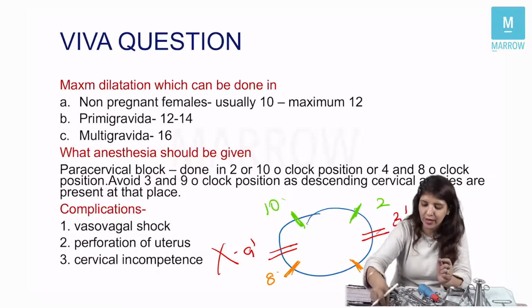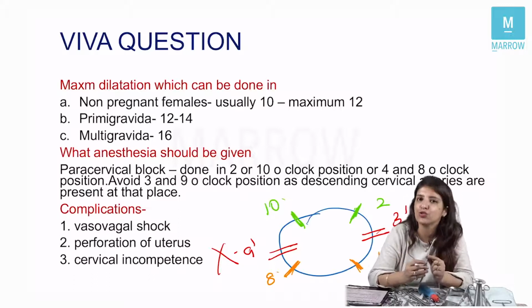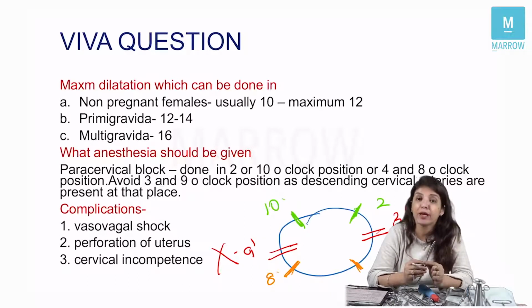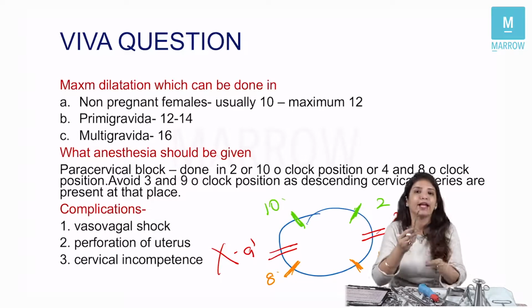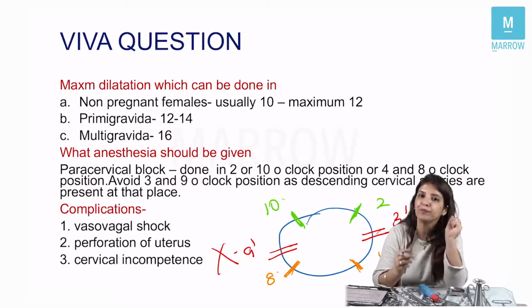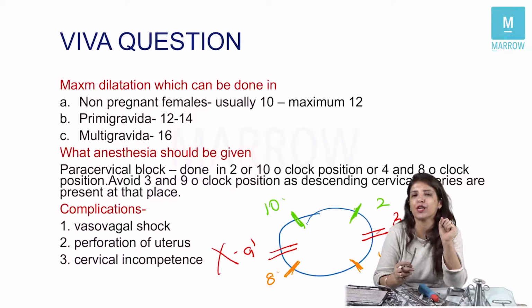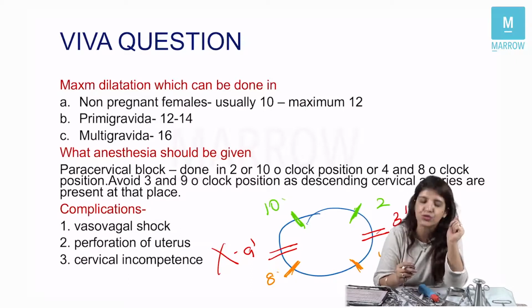Now, when you are dilating, what are the complications which can happen? Number one, due to pain, there can be vasovagal shock. Number two, it can lead to perforation of the uterus. Again, if perforation happens with Hagar's dilators, you have to wait and watch. You have to watch the vitals of the patient.